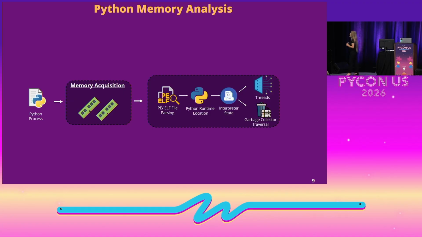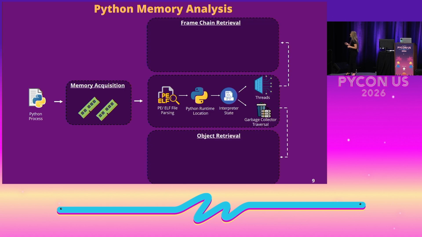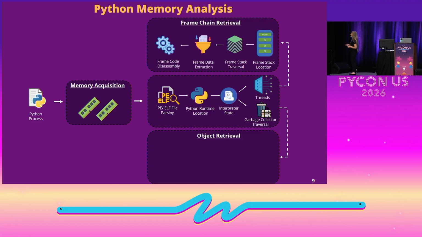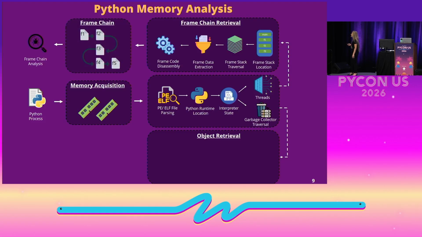And from there, we can access the main interpreter data structure, and then we can access all the threads of the Python process and the garbage collector. From the threads, we can access all the stacks, recover all the functions from the stack, and recover the function call chain.